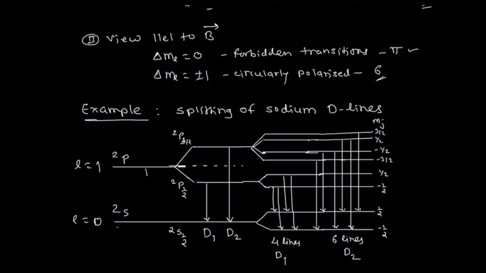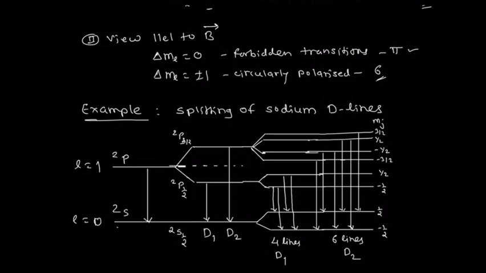Now that is one of the spectral line. That spectral line is sodium D line. Now that single line gets splitted into doublet. This is the doublet that we explained earlier. This is due to fine structure shift. Single line splitted into two lines, D1 and D2.